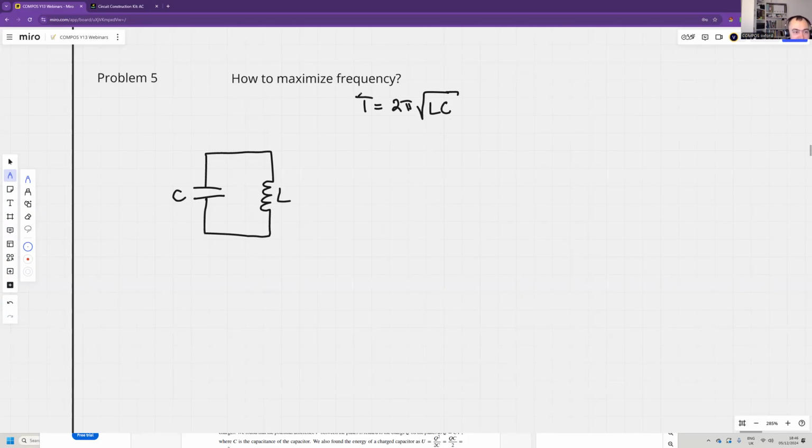If we want to maximize frequency, we want the time period to be as short as possible. So we need to reduce L and reduce C.